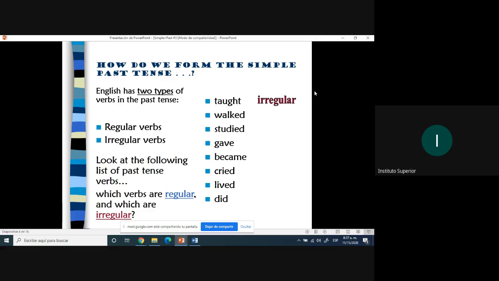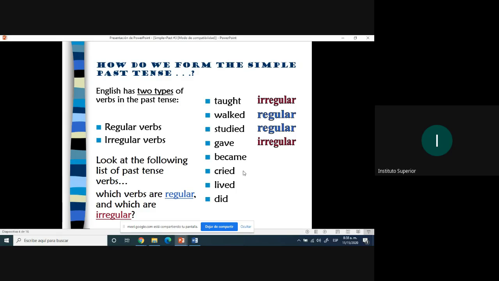Very good. All right, so we have that one. The second one is regular. What's going on with the third one? Please tell me. The third one is irregular. Very good. And what's going on with the other one? Gave. Regular or irregular? Irregular. All right, pretty good.